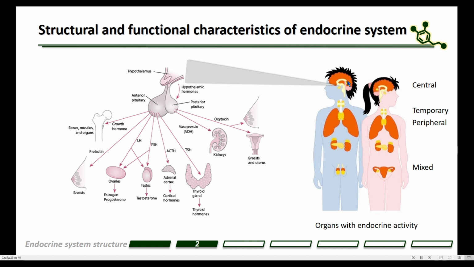So let's take a look at the central glands. We have the hypothalamus hypophyseal system, as we have mentioned before. The hypothalamus is connected to the anterior and posterior pituitary, either through the portal system or tracts, to produce tropic hormones which act on most of the peripheral glands to cause their secretions.